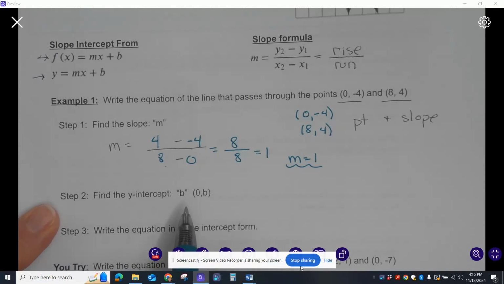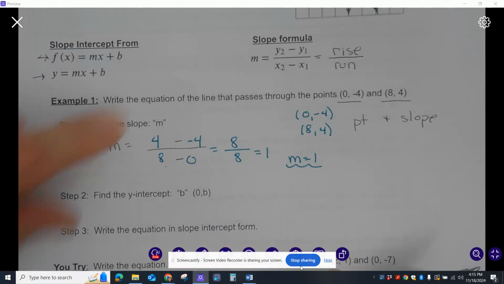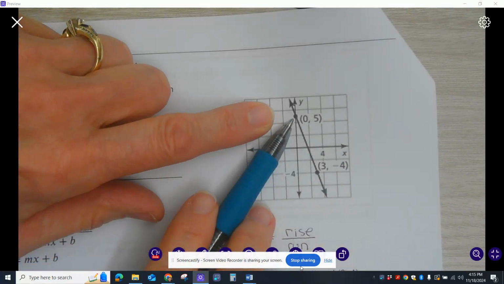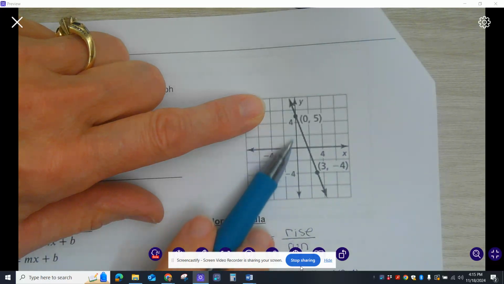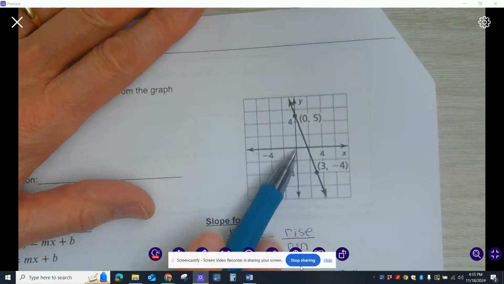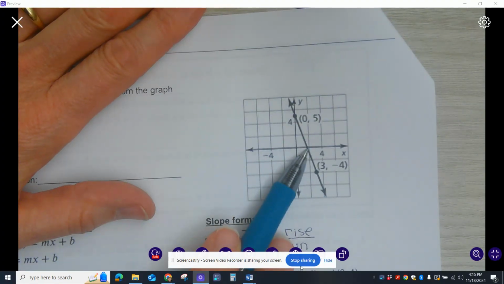Find the y-intercept. So remember, when you have a y-intercept, I'm just going to slide up here to show you, this is a y-intercept. Whenever you have a y-intercept, a point on the y-axis, your x will be 0. Because if you start at the origin, you don't go right or left, you just go up or down.